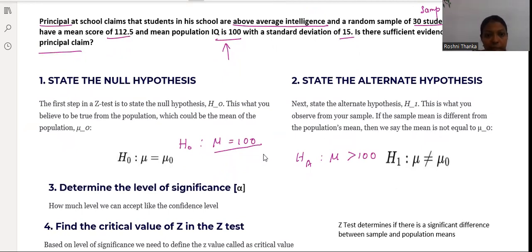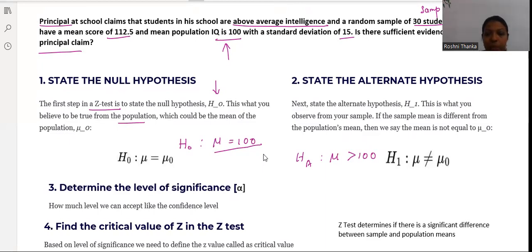So what is actually the first step? The Z-test is what will help you to prove it. To prove that, the first thing we have to find is the null hypothesis, H naught. This is what you want to believe: the belief for mu is 100, and we take that as the null hypothesis.